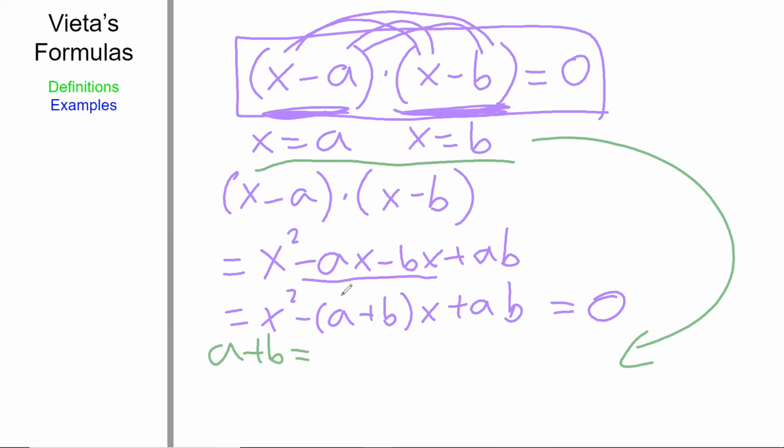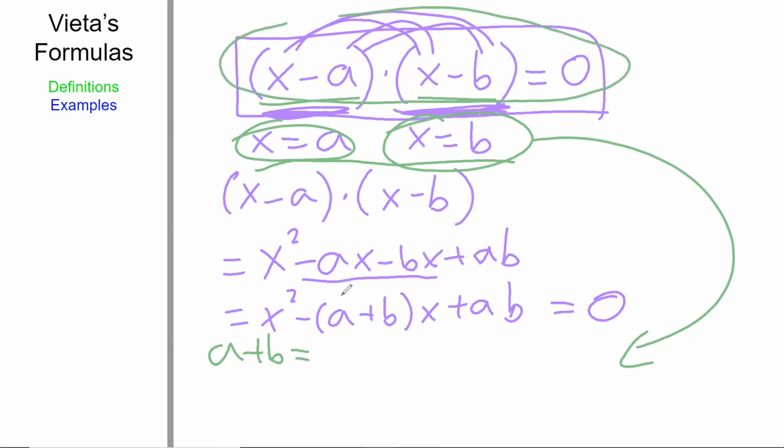When you add them together, this is not equal to 2x, because remember that either x minus a is 0 or x minus b is 0. It's impossible to have both equal to 0 at once, which means that x equals a and x equals b are not true at the same time. They are just two possible solutions that both work. You can either plug a into this whole thing and get 0, or plug b into this whole thing and get 0.